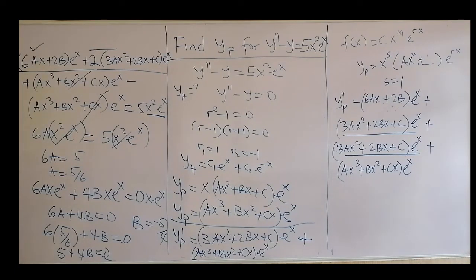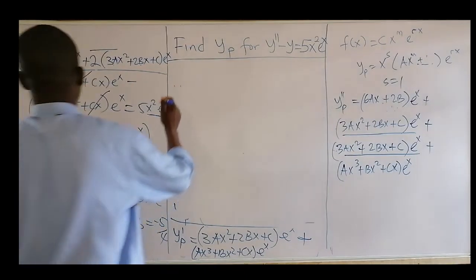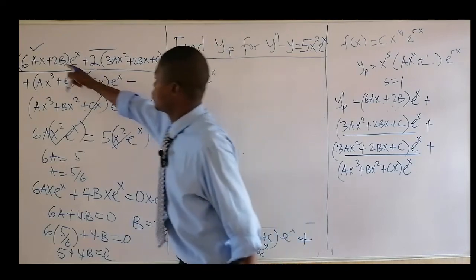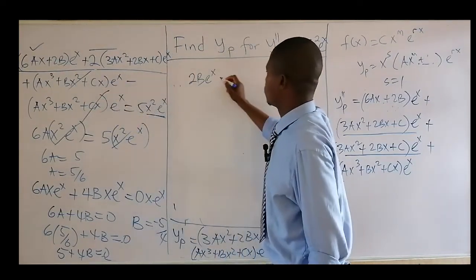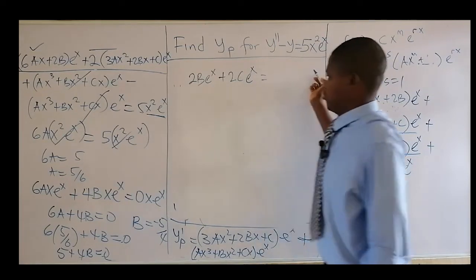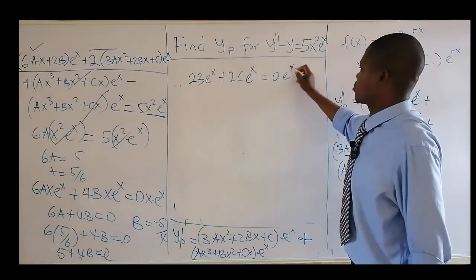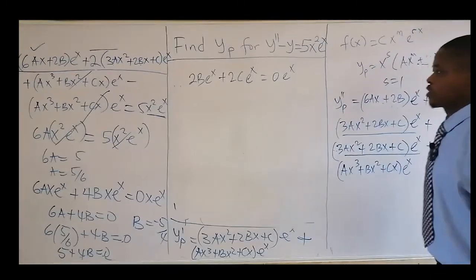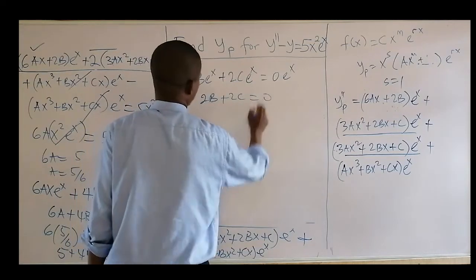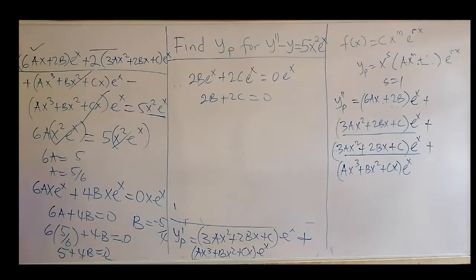B is minus 5/4. Then we can get the c. The c, let's see where we have the c, the constant. The c, okay, we have here. To get the c, we have 2b e^x, plus 2c e^x equals what? Equal to 0 e^x. So equate the coefficients. We have 2b plus 2c equals 0.